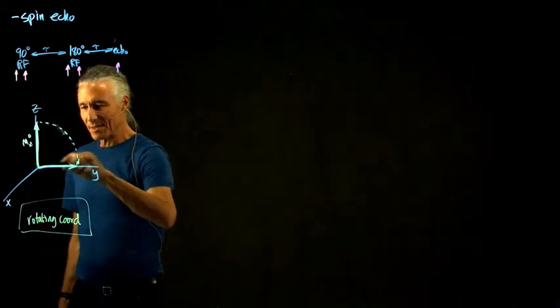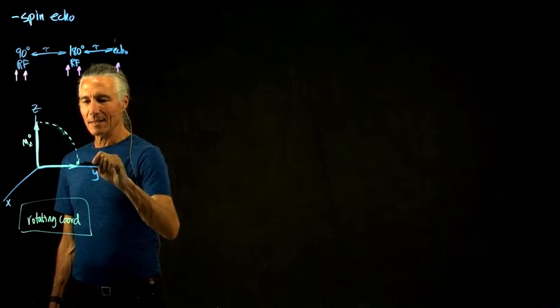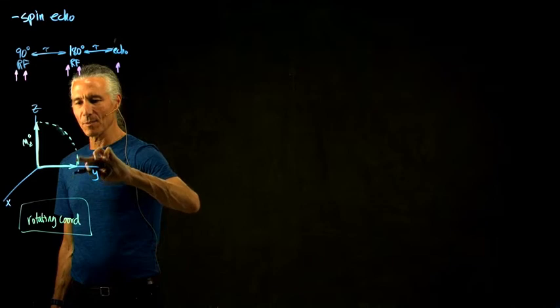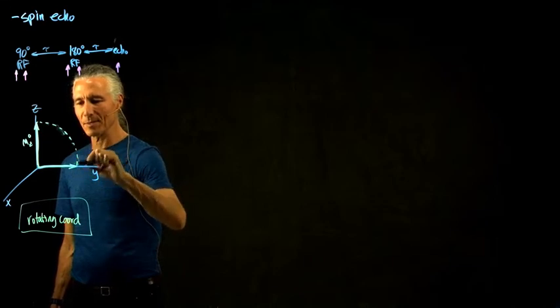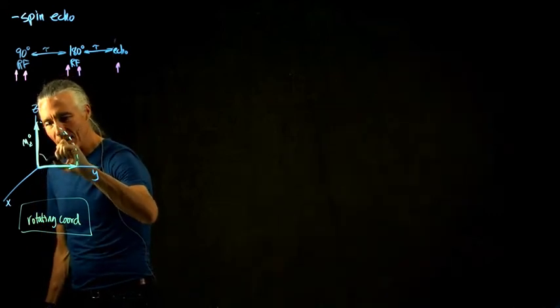So this guy just stays there. It just goes right down to the y-axis, and then it doesn't move. It's actually in real life going around 123 million times a second, but we're just assuming that we're also going around 123 million times a second, so it's just stopped. So that's our 90-degree flip.